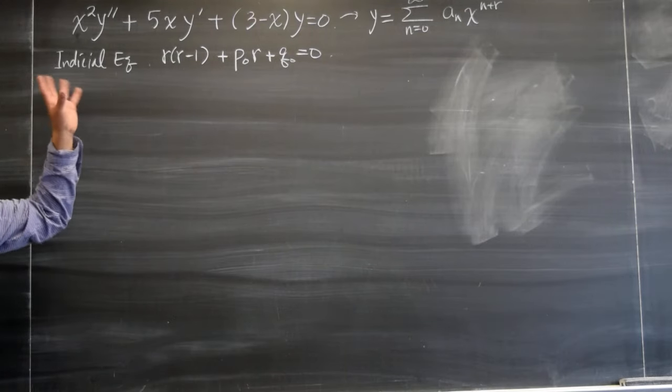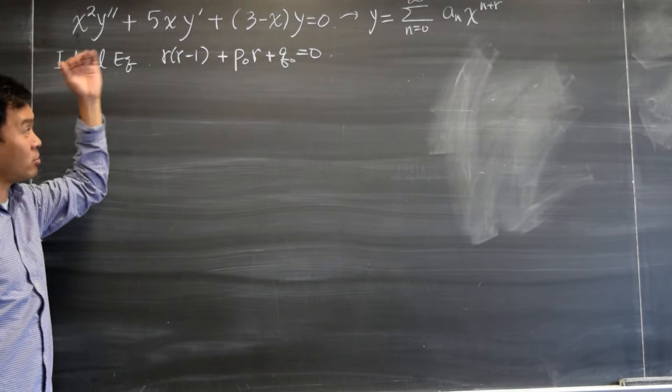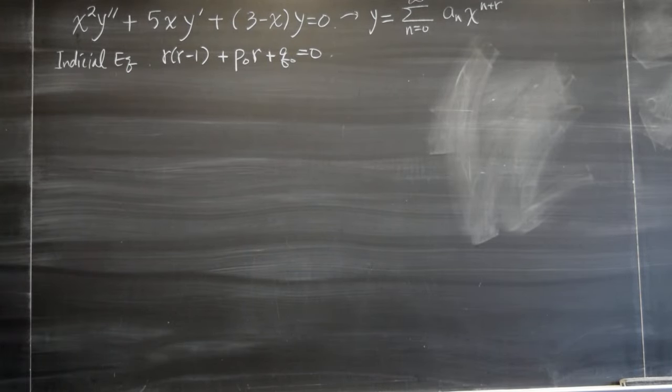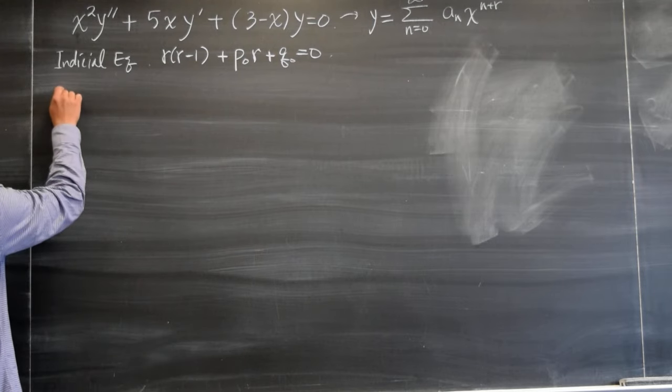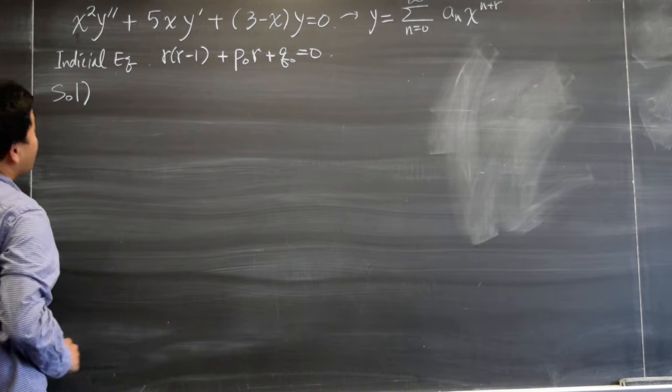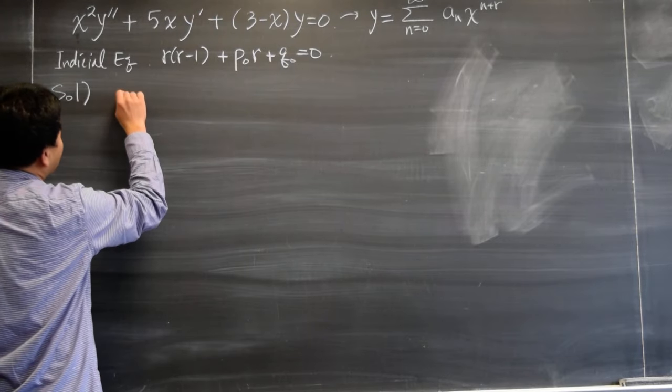So let me show you how you apply the indicial equation and all that. Okay. So this will be the standard way you would solve from now on. Solution. First, you divide everything by x squared.